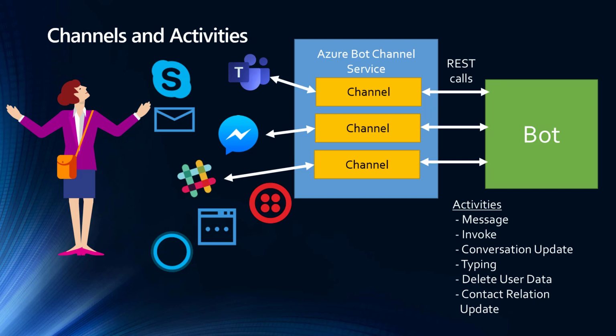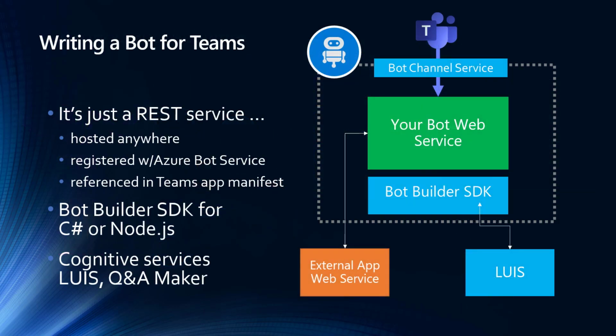So these are the messages that are going to be coming to your bot and going also from your bot back to the channel service. So your bot is just a web service, and really all you need is the green box and the channel service to make it work. If you were programming in some language that doesn't have SDK support, you're still totally good using the RESTful calls.